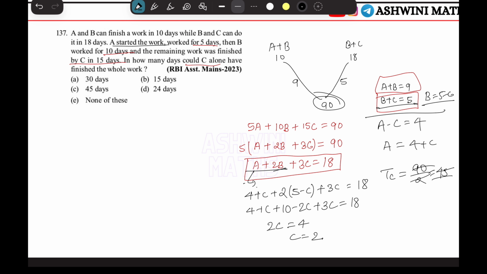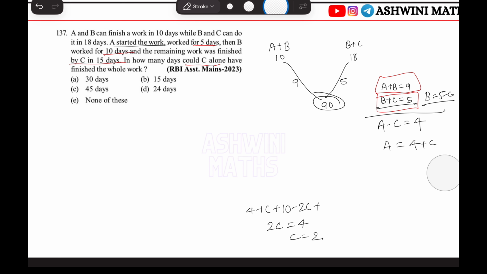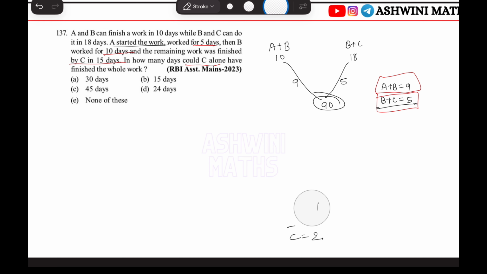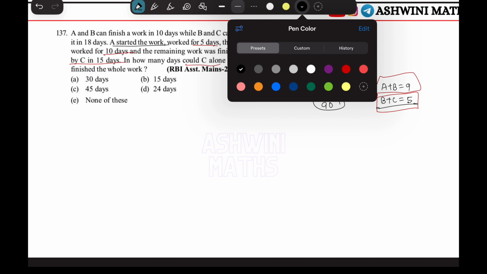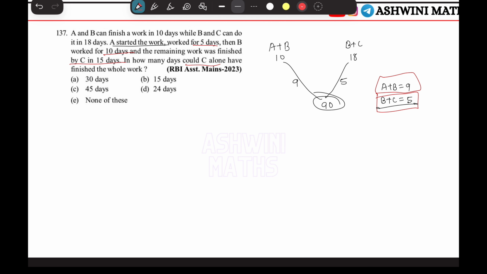Clear? Now another method. What you can do in this question is, look here, if you read the question carefully, you will see that A worked for 5 days and B worked for 10 days, and the remaining work was finished by C in 15 days.